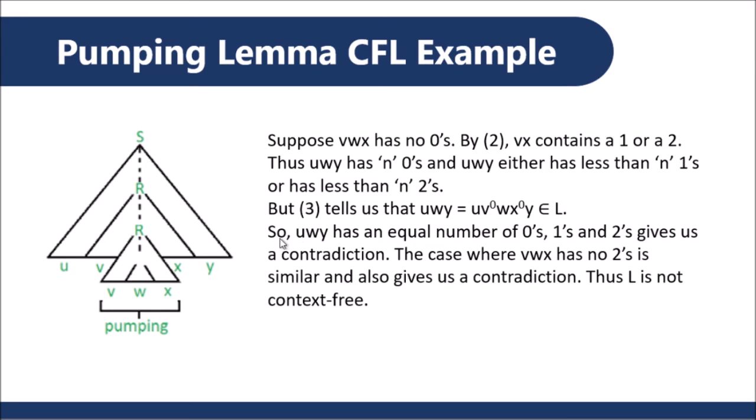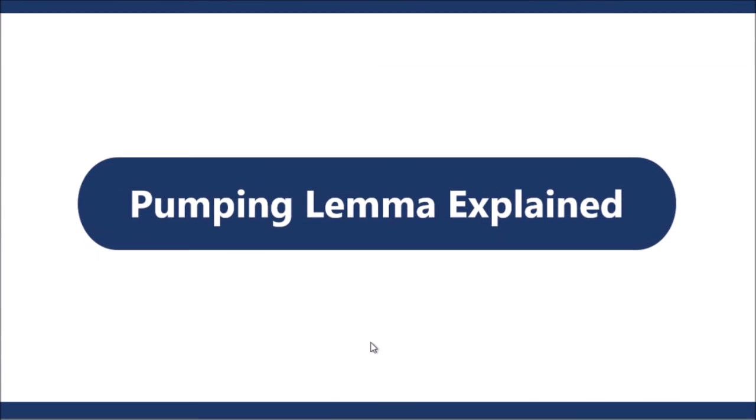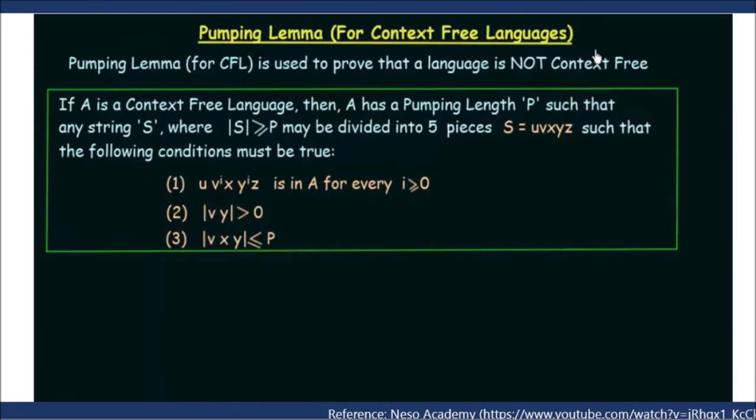So uwy has an equal number of zeros, ones, and 2's, which gives us a contradiction. The case where vwx has no twos is similar and also gives us a contradiction. Thus, the language is not context-free. So, we have here an example of how the pumping lemma is explained. That's all.